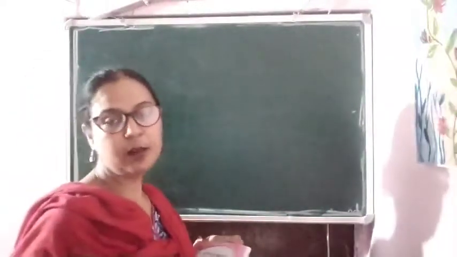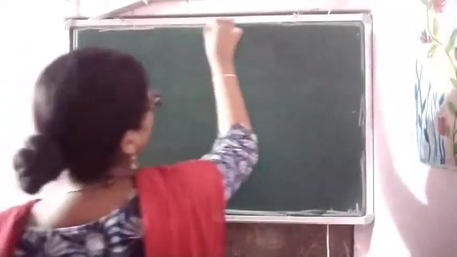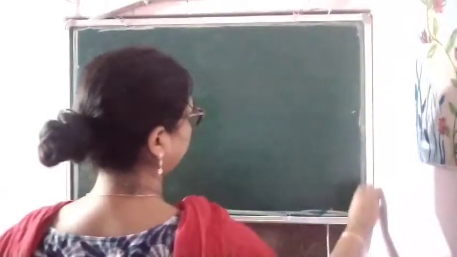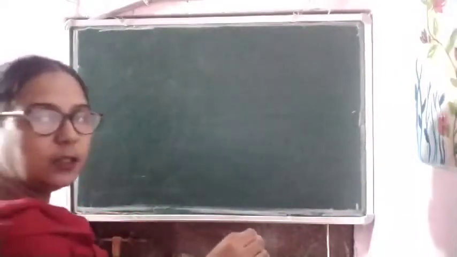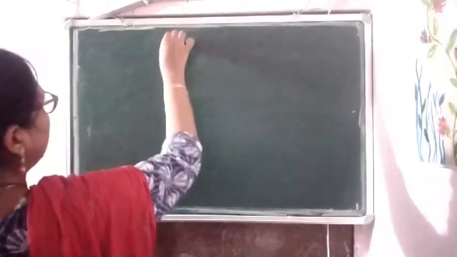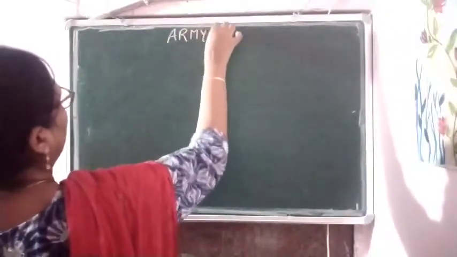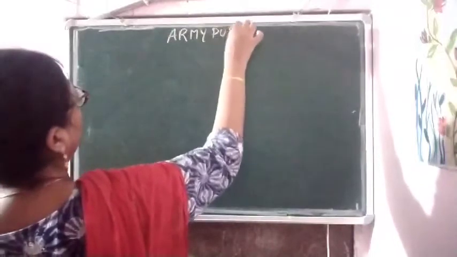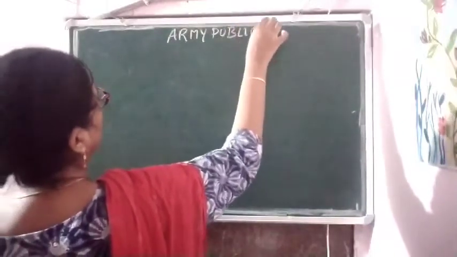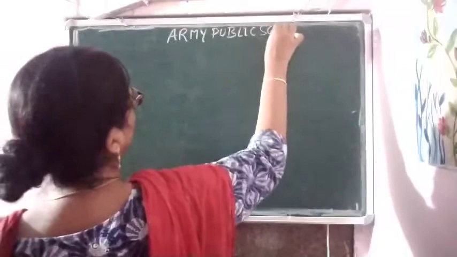First of all, we draw a rectangular box, which is already drawn over here. You can see this is a rectangular box. Then, since we are studying in the Army Public School, we write Army Public School. This is our institution name.